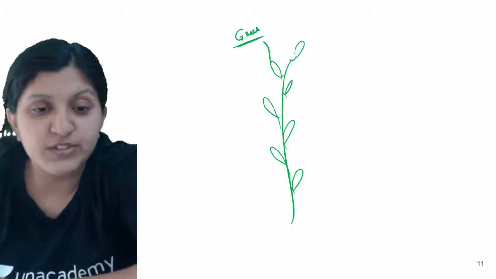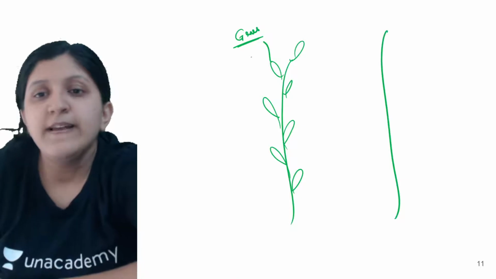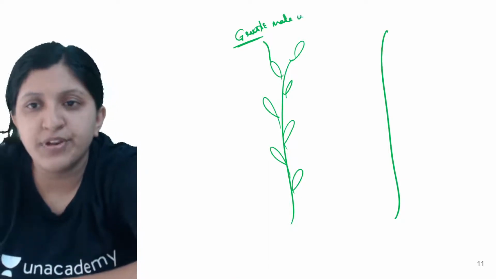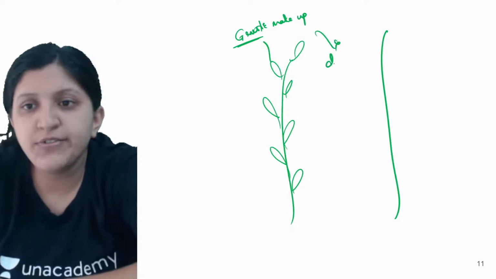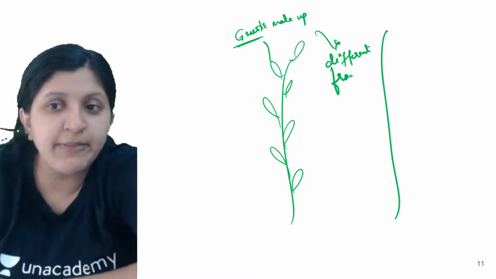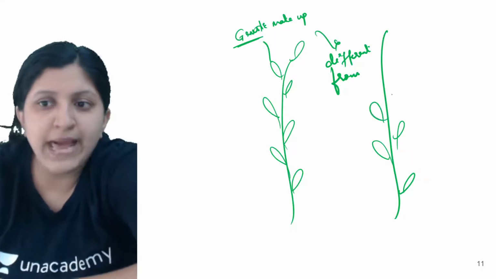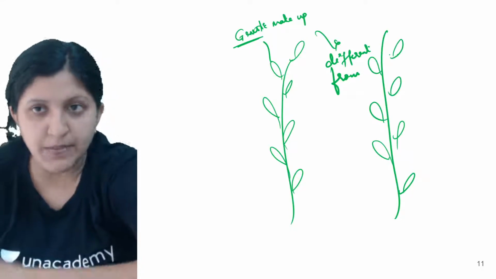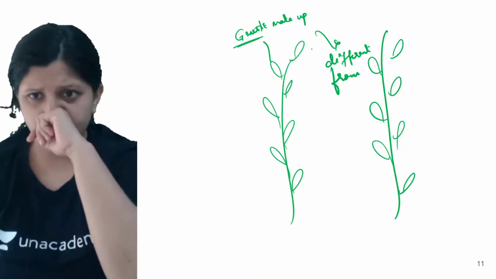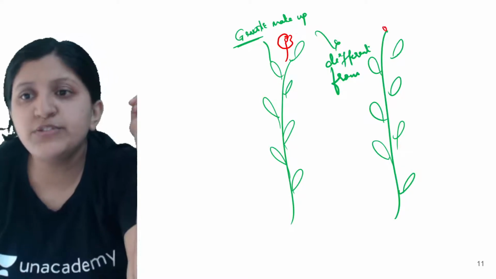So there is another plant, whose genetic makeup is different from the other plant, but they belong to the same species. Now when the transfer occurs from this flower to this flower.